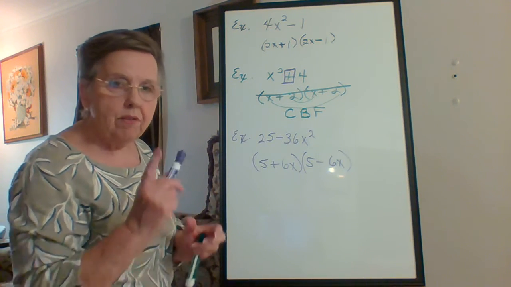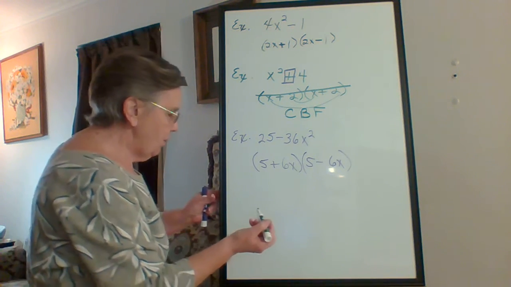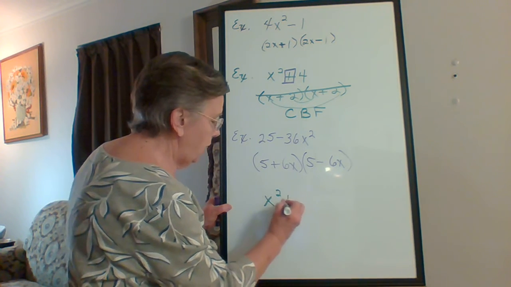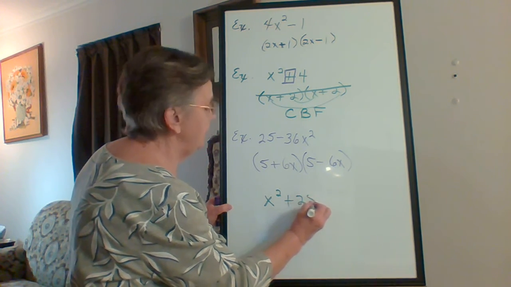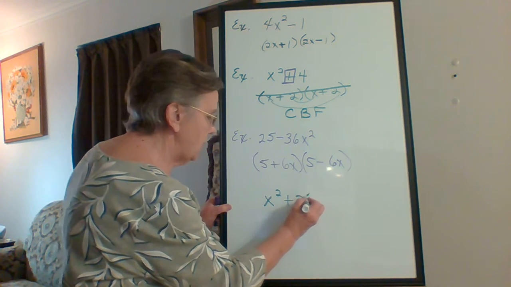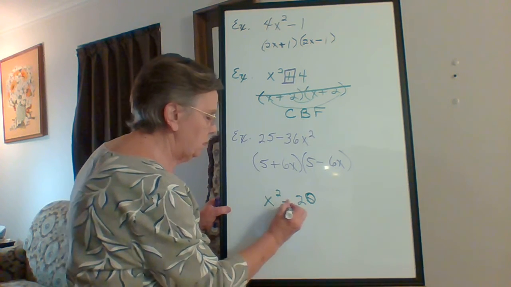Let me show you one other thing that I would like for you to be careful of. If I give you x squared plus 25, plus 20. How about if I give you x squared minus 20?